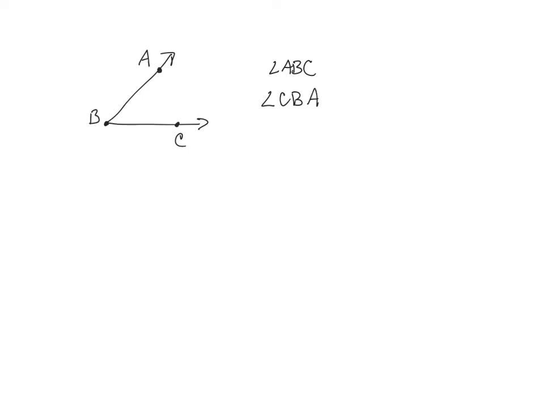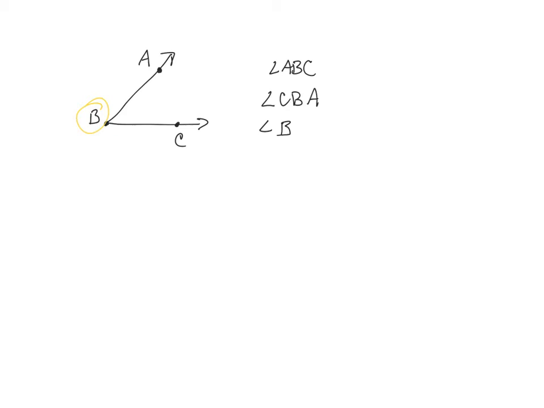So the order doesn't matter. But notice the B's in the middle. So whatever's over here at the vertex has to be in the middle. In this problem, you could name it angle B and just use one letter. Now, that's not always allowed, and I'll talk about why in a minute. But if you said, "Hey, Mr. Gowdy, angle B right there," I would know exactly what you're talking about.